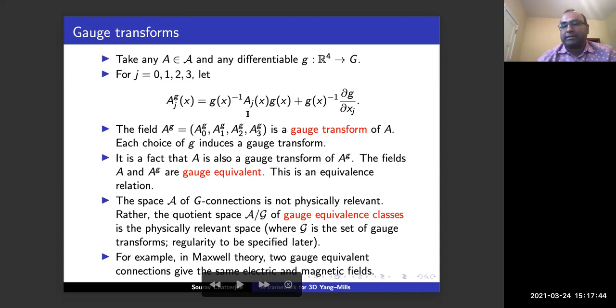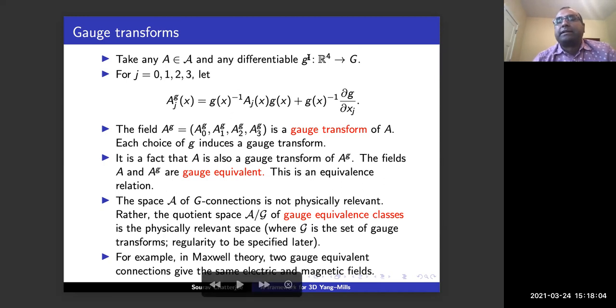What are these gauge transforms for Maxwell theory? Since it's commutative, this G inverse cancels with G, and you only have this extra term out here. So that gives a complete description of all gauge transforms for Maxwell theory.